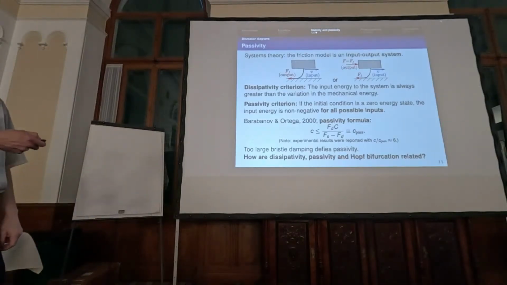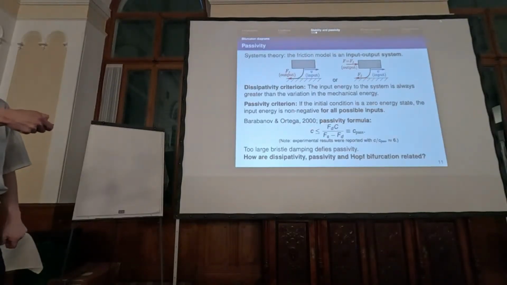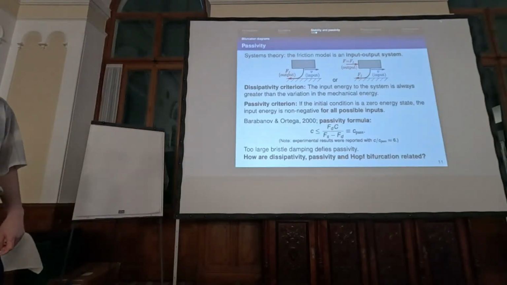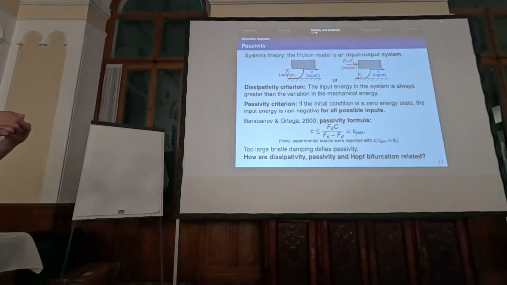The passivity formula was derived in 2000, so it means that the Bristol damping must be less than this expression if we want a passive system. However, let me mention that in this paper, they report experimental results.